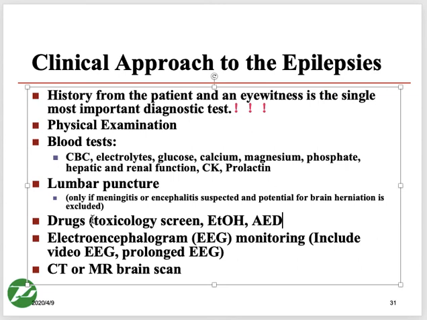AED here means anti-epileptic drugs. Why is this important? Because many times seizures occur in people who are already taking drugs for their epilepsy, and because they miss some doses, or the epileptic drug is not working well, we basically check their levels as well.